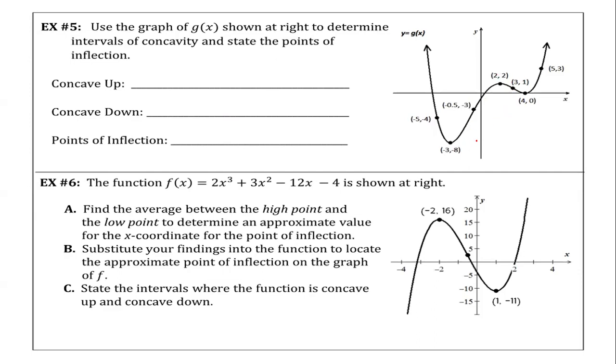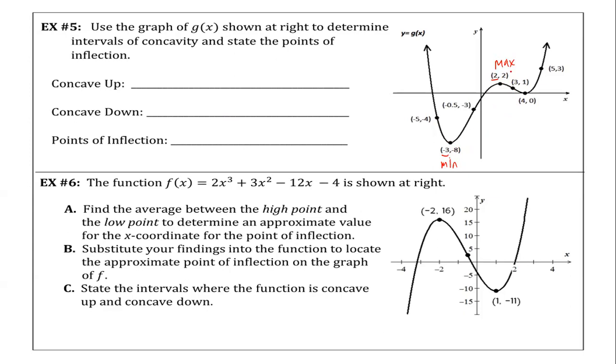So first thing we're going to do is identify our points of inflection. Our points of inflection are found by finding the averages of our x's from a high to a low. So right now, this is our minimum point, right? And this is our max, agree? The x value here is -3. The x value here is 2.